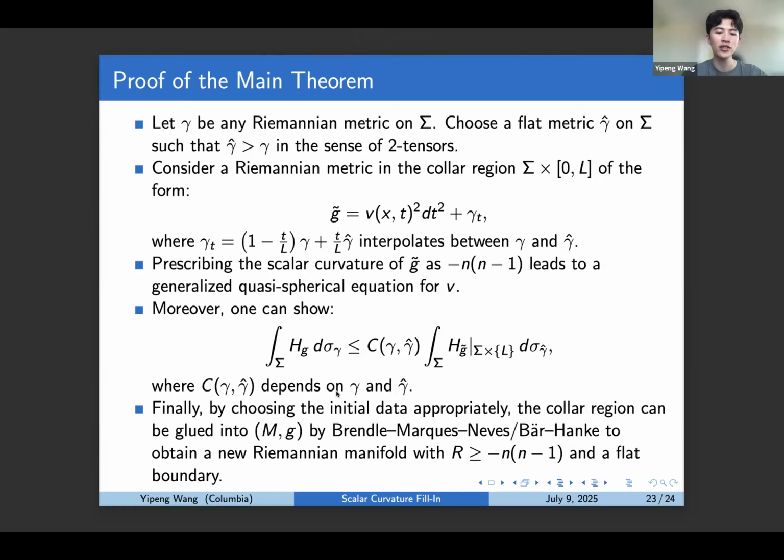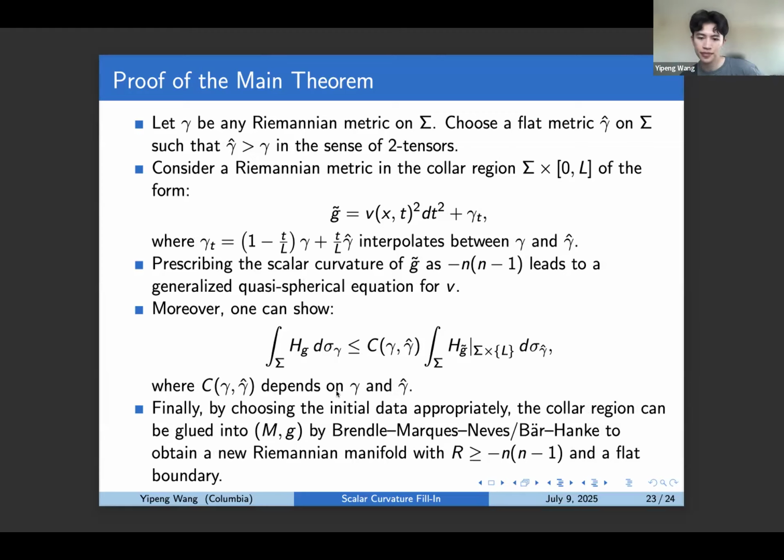That will also give me a solid torus, but the boundary data is now a flat metric, which is given by this gamma hat. And after gluing in, this integral of mean curvature will only increase by some constant that just depends on your metric and the flat metric that you are gluing in.